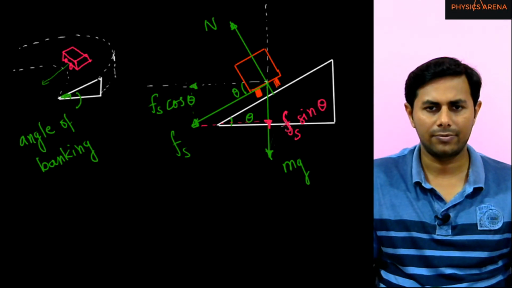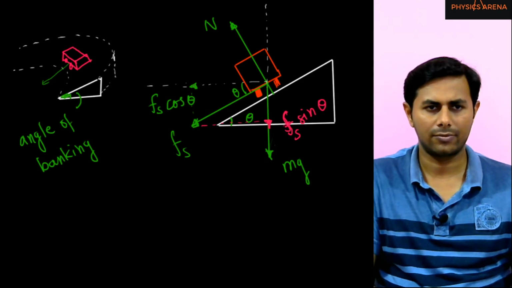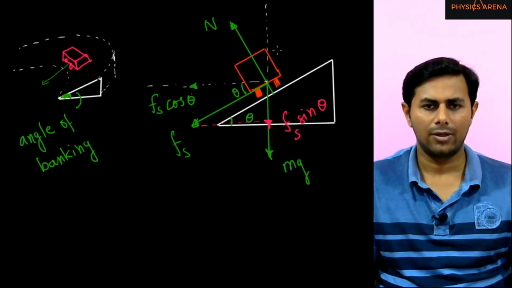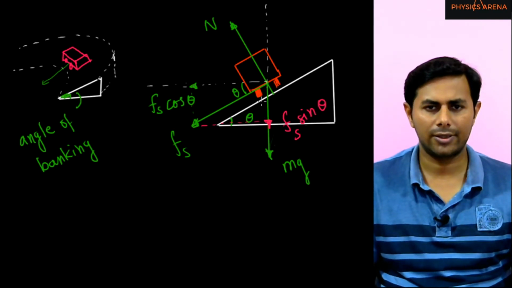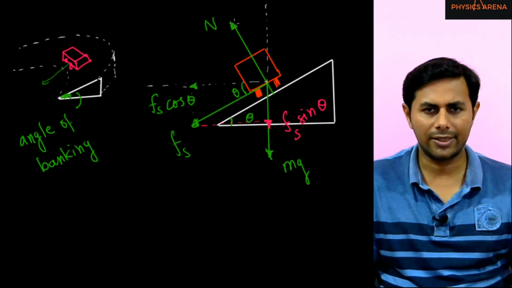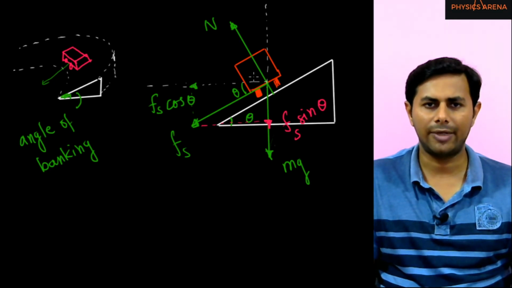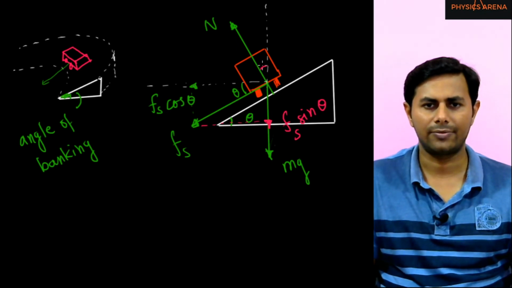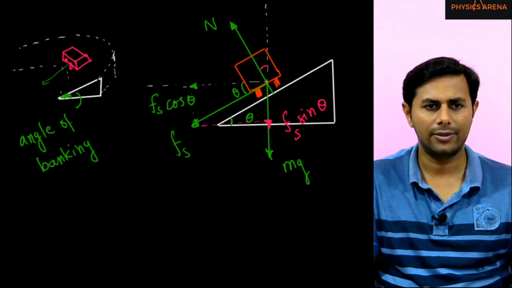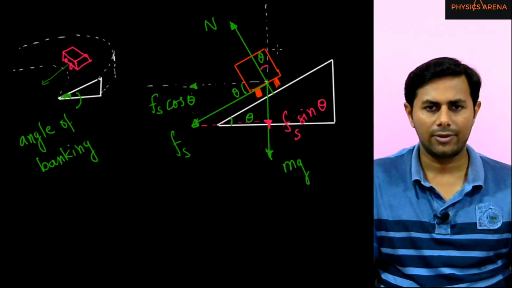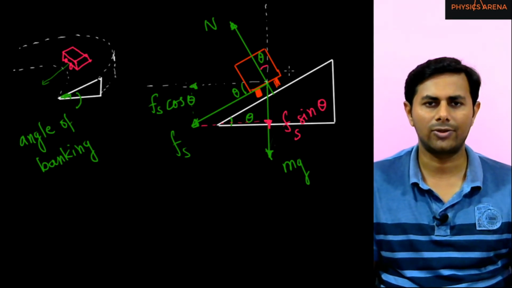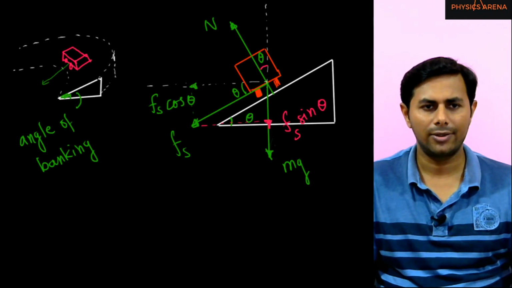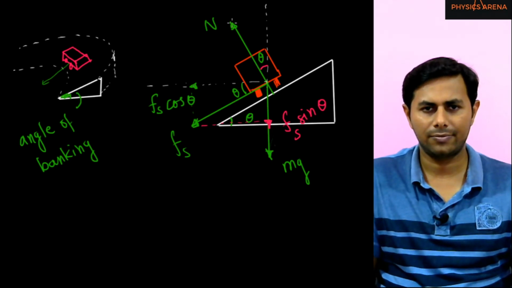Okay, then similarly this angle is theta, this total angle is 90 degree, so this angle is 90 minus theta, and again this angle is 90 degrees, so this angle should be theta. All right, so now we can resolve the normal reaction also. Let's resolve normal reaction.